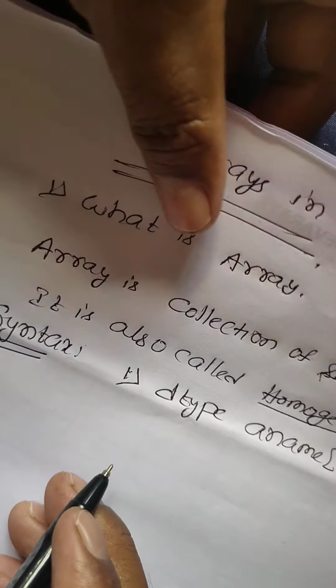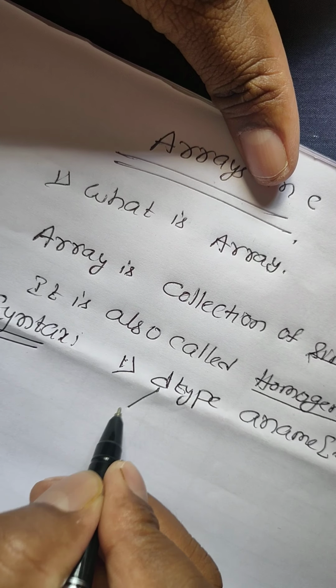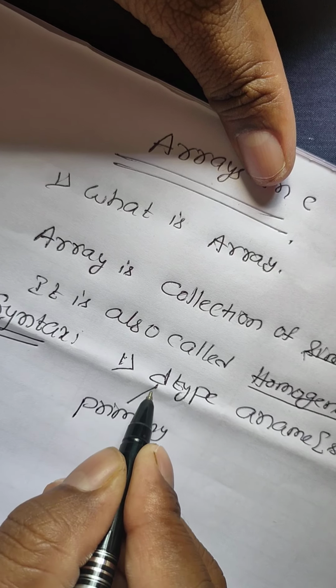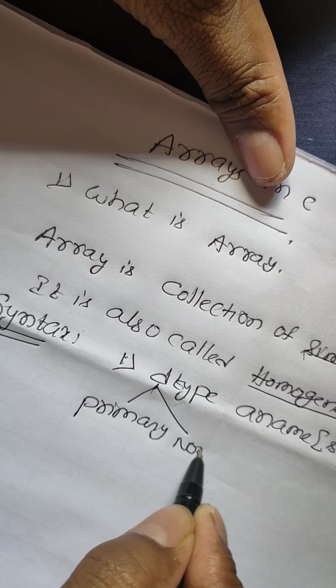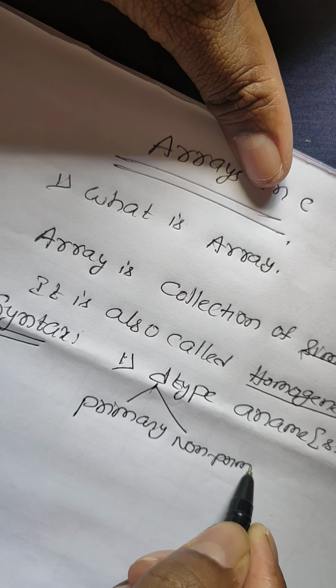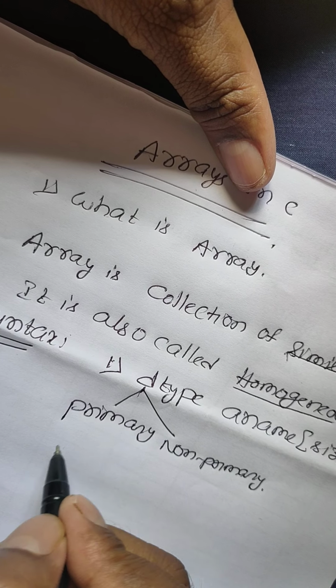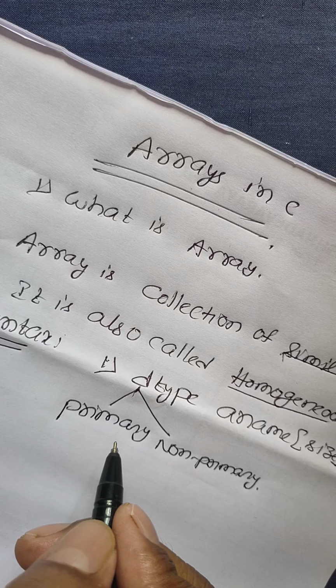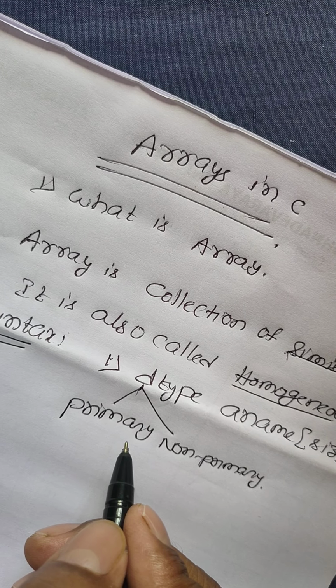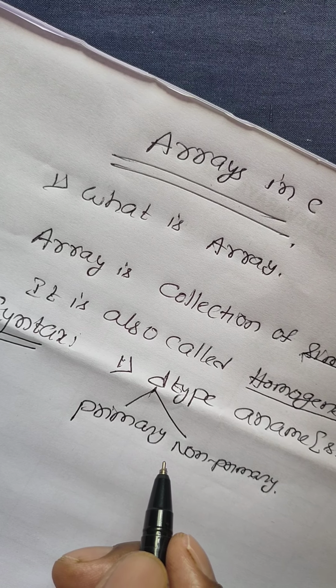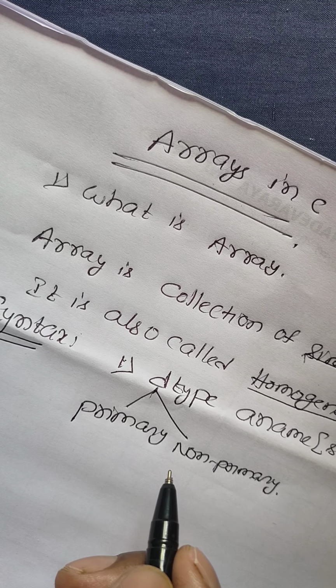Here the first one is the data type. It may be either a primary or non-primary data type. Primary data types are int, float, double, char. Non-primary data types are structures, unions, pointers.